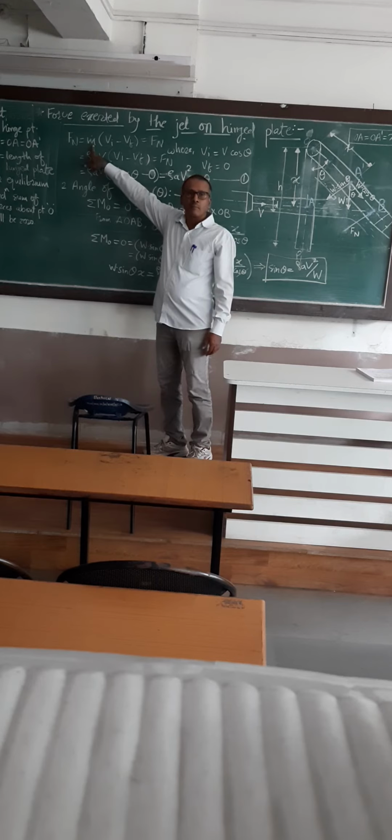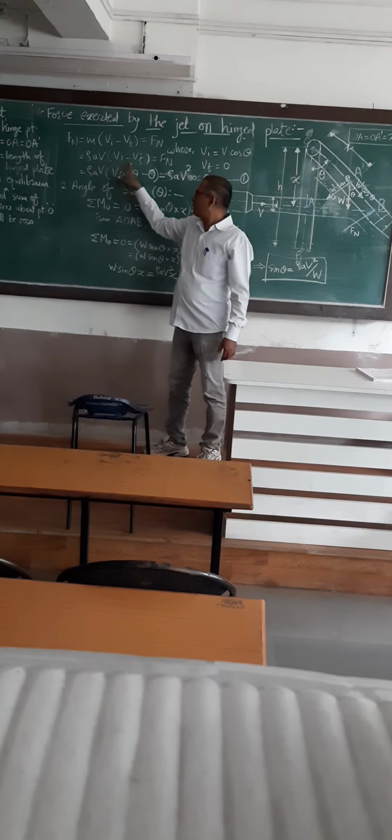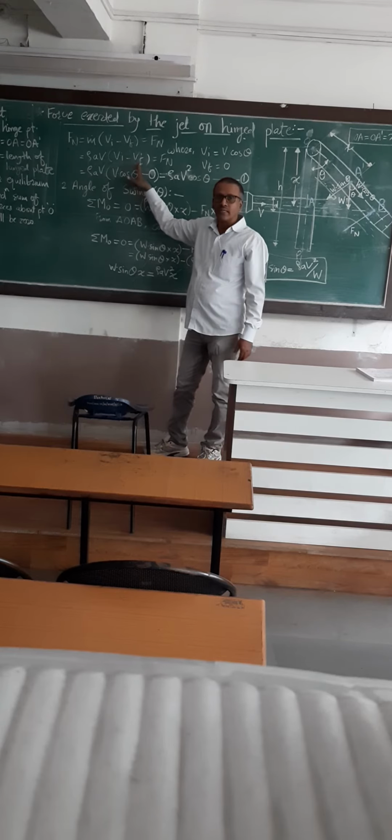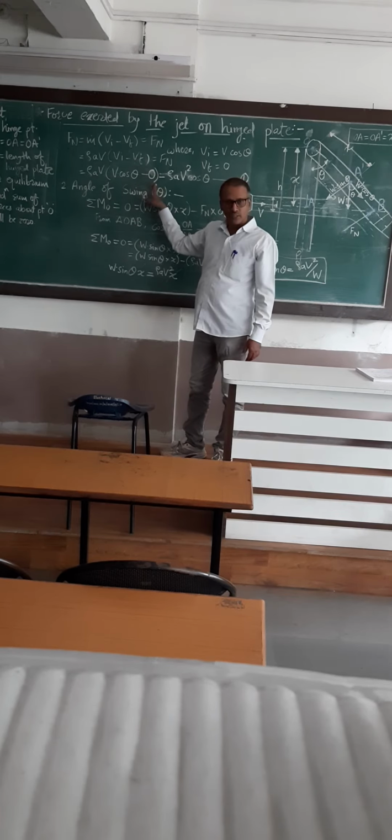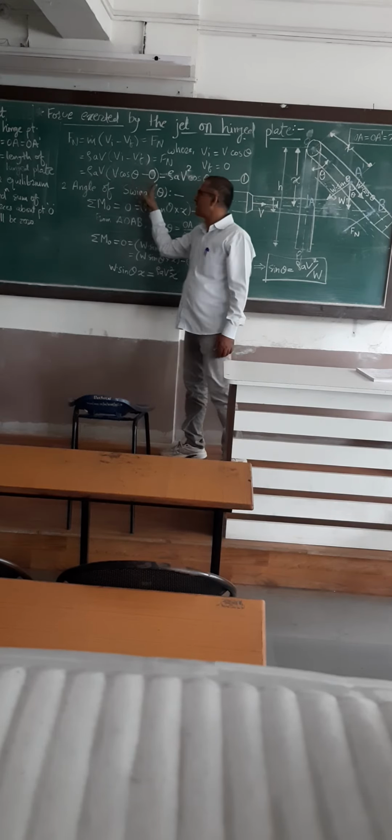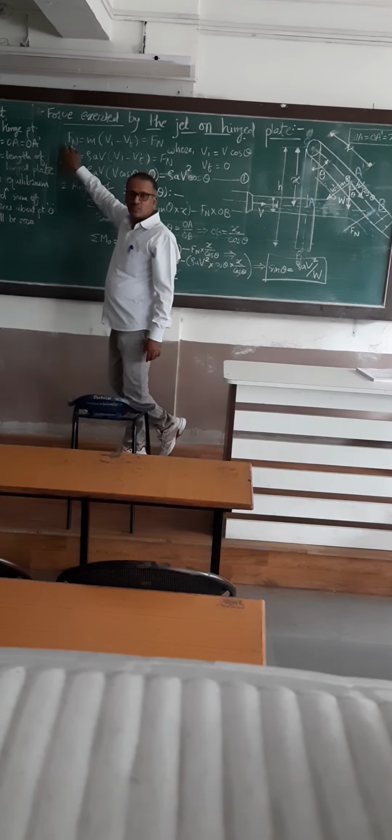So rho A V is our mass flow rate. Rho A V into initial velocity, which is V cos theta, minus final velocity, which is 0 after striking. So the normal force exerted by the jet on the hinge plate is equal to rho A V square cos theta.